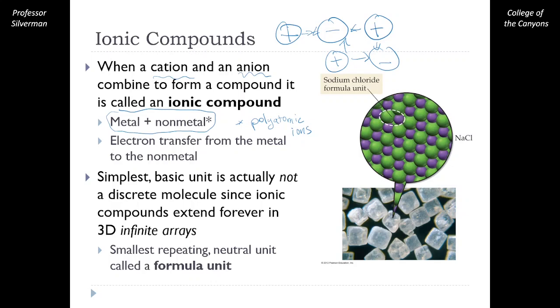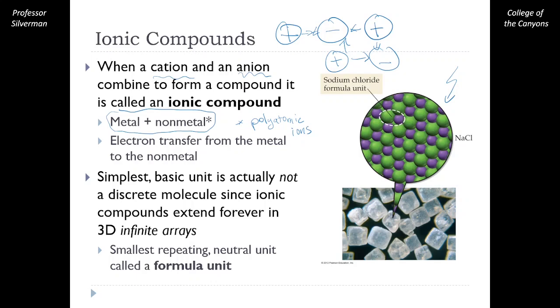Our positive charges get to be surrounded by negative charges. Here's our picture. If this looks familiar from our crystalline solids, that's because it's the same picture. These ionic compounds like to form these crystals, these lattice structures of repeating patterns.